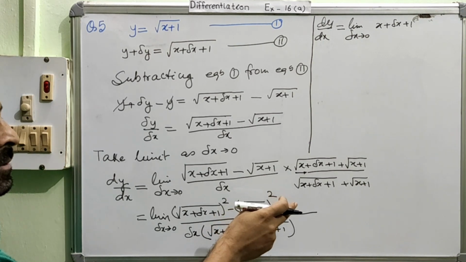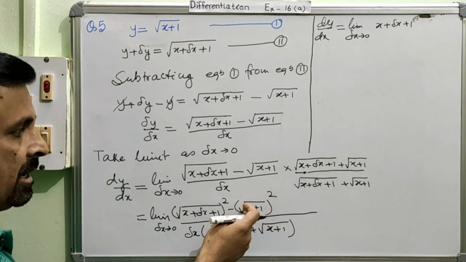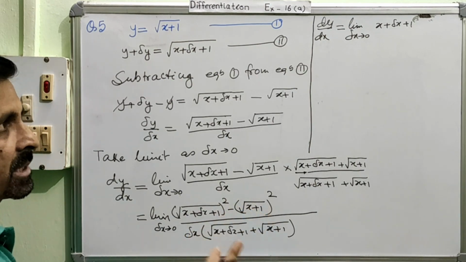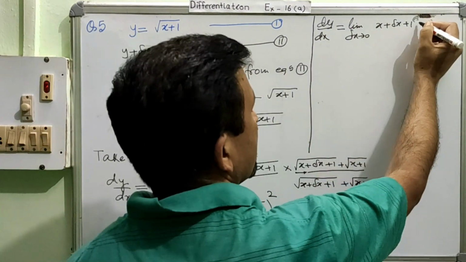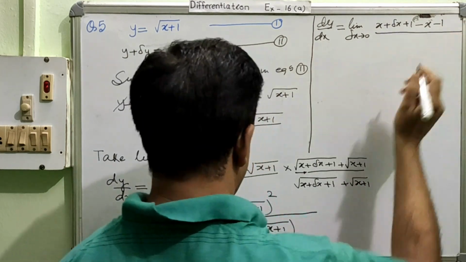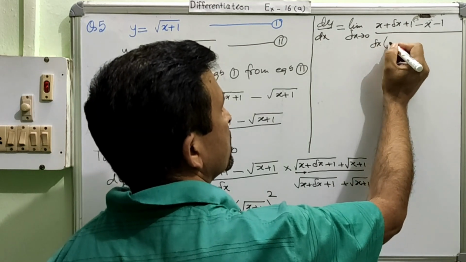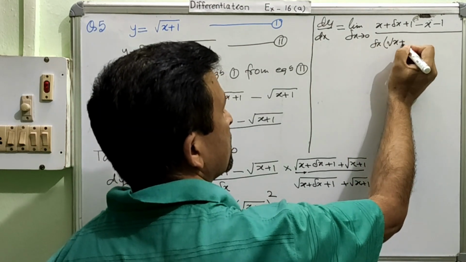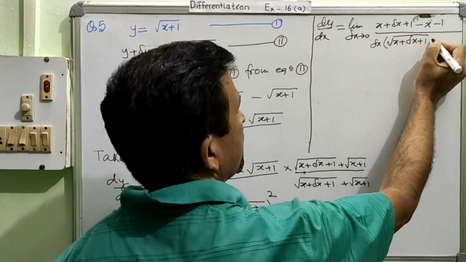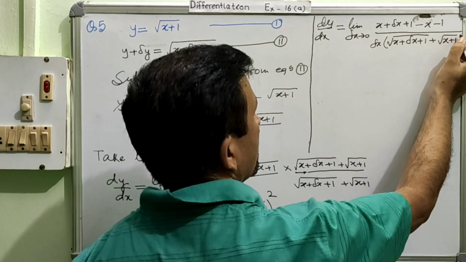Now when you remove this square root sign, so the square and square root gets cancelled, and when you open the bracket, before that there is a minus sign. So when I write these two terms, their sign will change. So they will become negative. Minus x minus 1 divided by, as it is, delta x into root over x plus delta x plus 1 plus root over x plus 1.